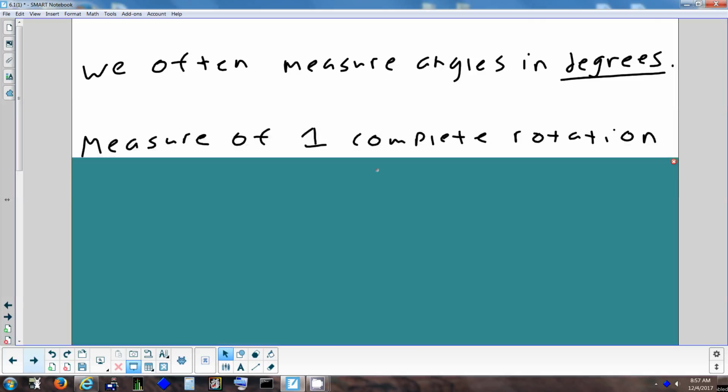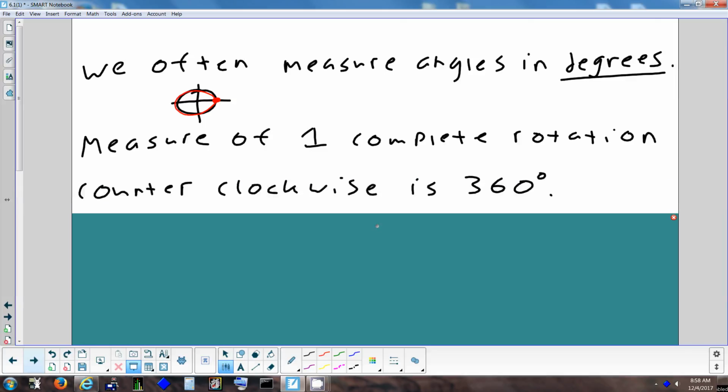If you were on a circle, and you started here, and you made one complete revolution, and went right back to where you started, essentially your displacement is zero. You've gone back to where you started. But you have moved a certain amount of degrees. Does anybody know how many degrees if you make one complete rotation? It's 360 degrees.